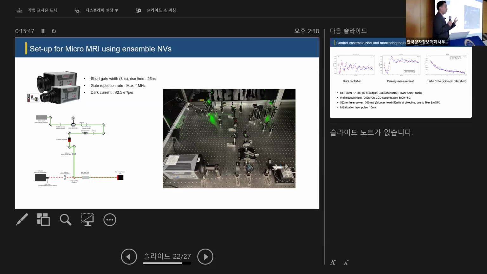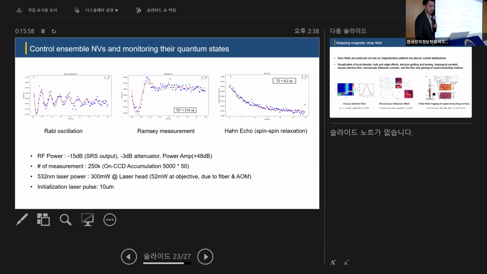So the magnetic field across a 2D area can be picked up by this camera simultaneously, making it a great fit for imaging applications. As you can see, we can reliably control and monitor the quantum states of ensemble entities in this wide field view setup, but we are still working on making it more practical for imaging applications and optimizing the overall system.